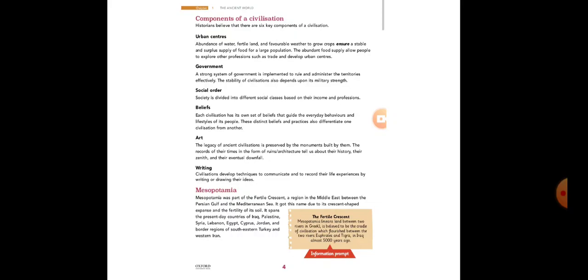Writing is another very important factor of civilization. We only know about those civilizations from where we have got some written material. Archaeologists have found written material from those sites, and then that written material was deciphered, and it is the only source to know about the history of that area.